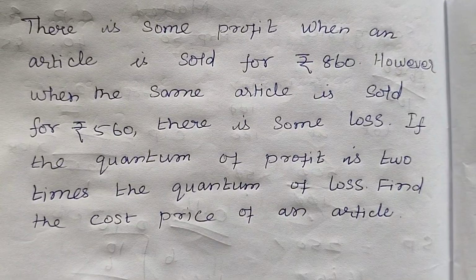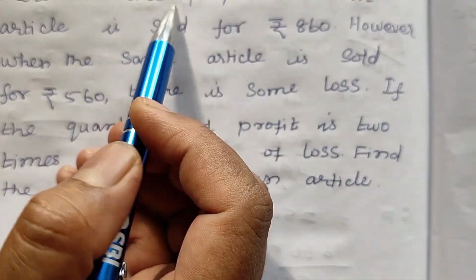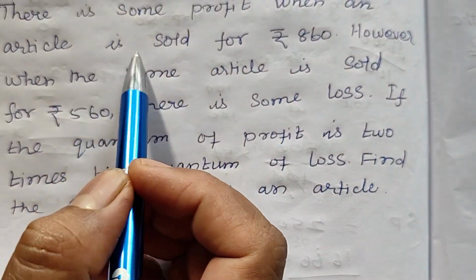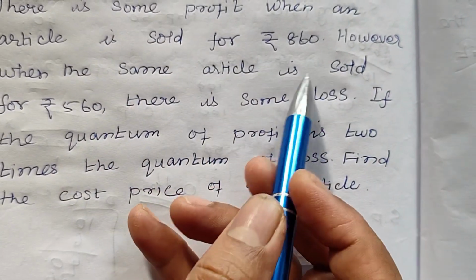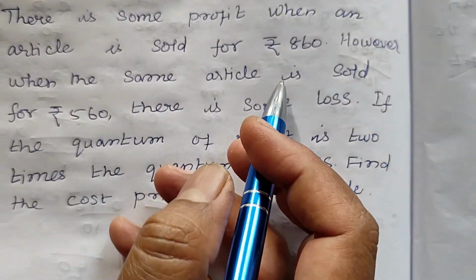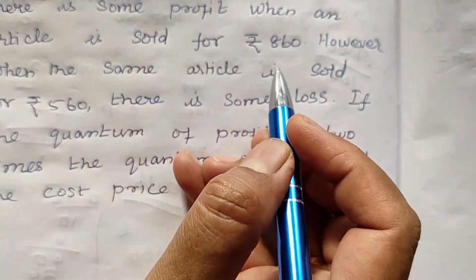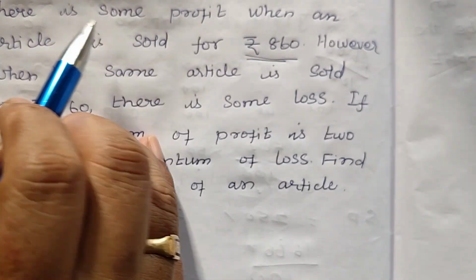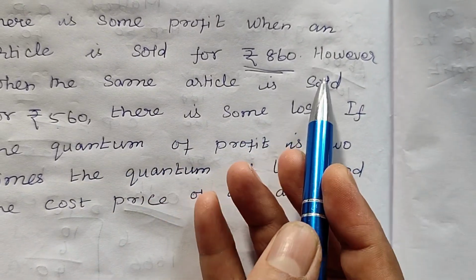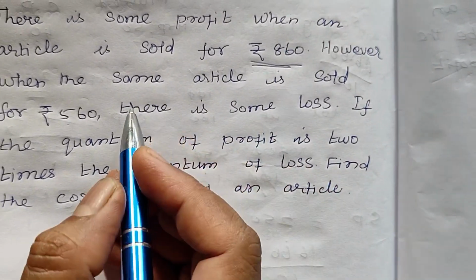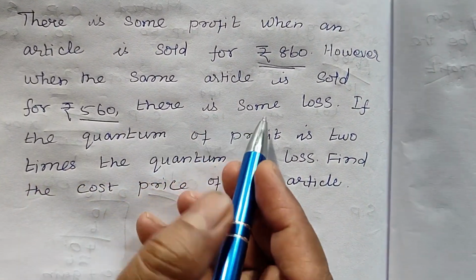Profit and loss. There is some profit when an article is sold for rupees 860. However, when the same article is sold for rupees 560, there is some loss.